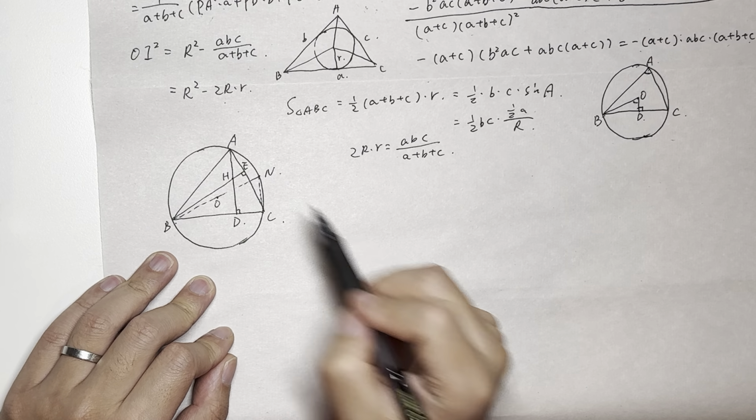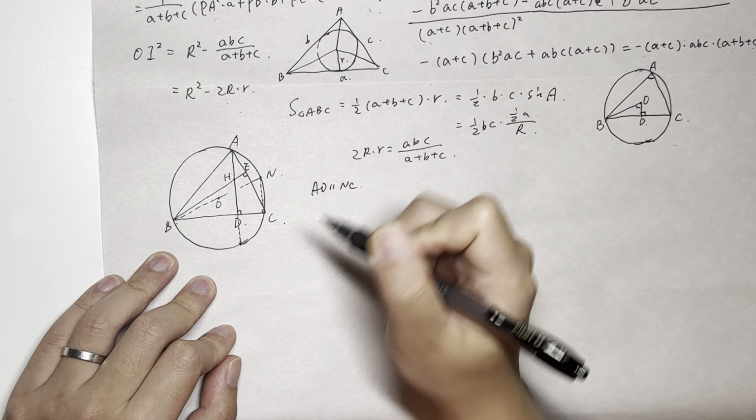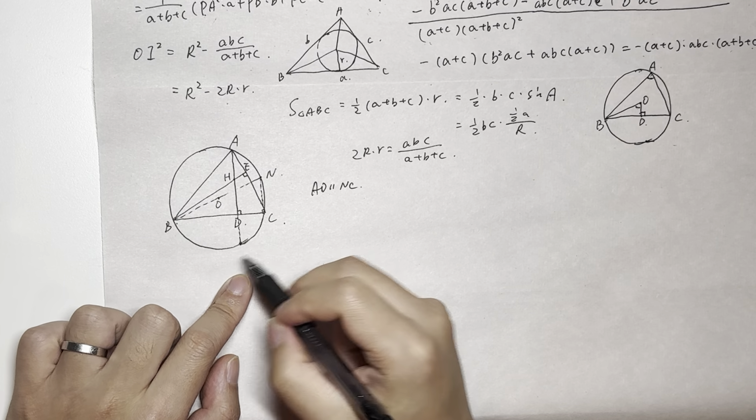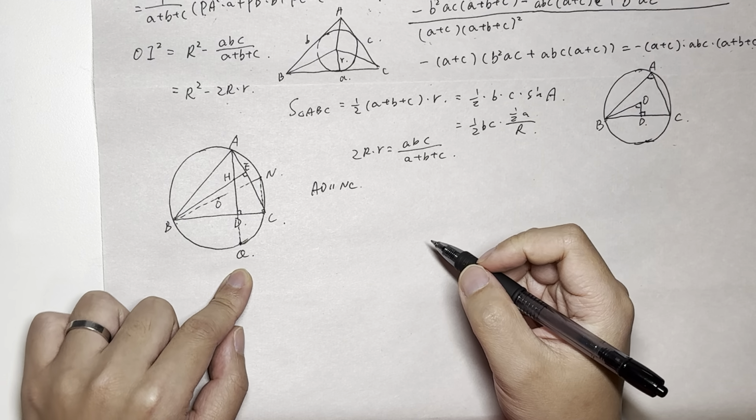Because BN is a diameter, so we know that angle BCN is 90 degrees, which means AD is parallel with NC. And we extend AD to intersect the circumcircle at point, say Q, right?